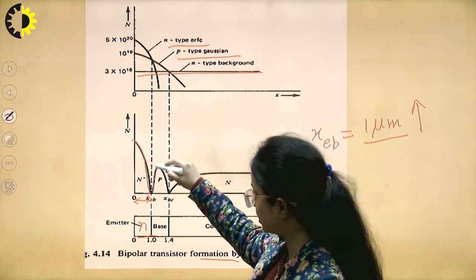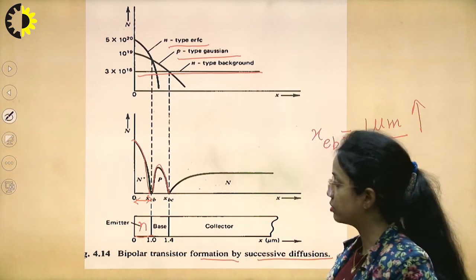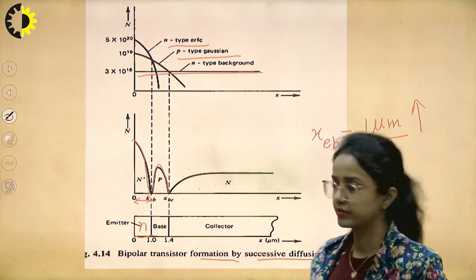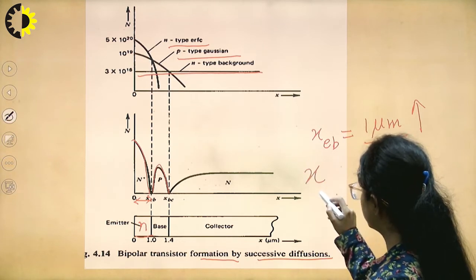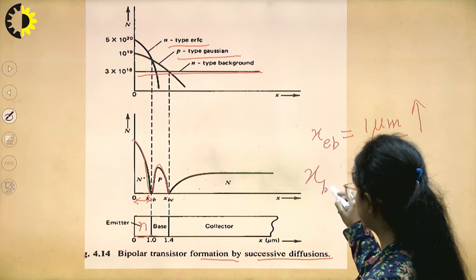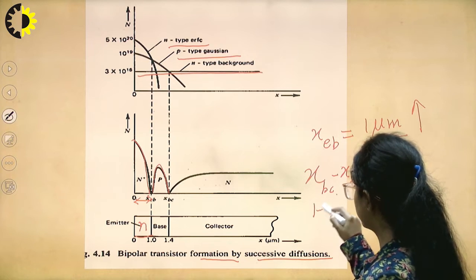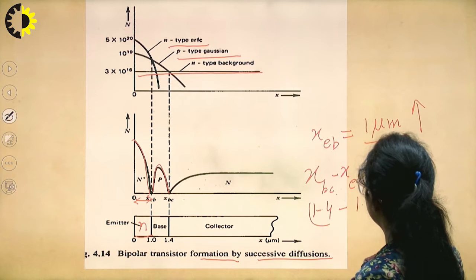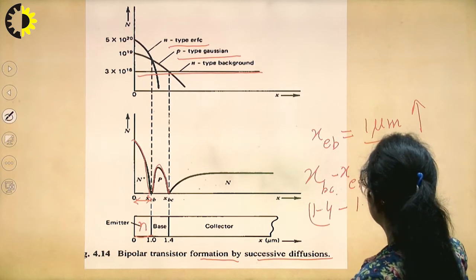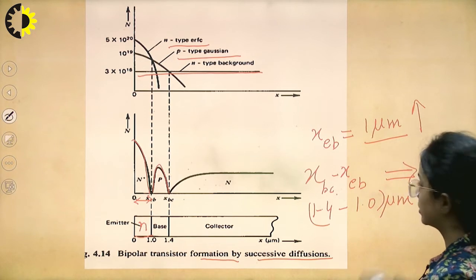So we start p-type diffusion and then we have to stop p-type diffusion when the boundary of base and collector is hit. So when the distance is in between XEB and XBC, that is between 1.0 and 1.4 micrometer, we have p-type diffusion.